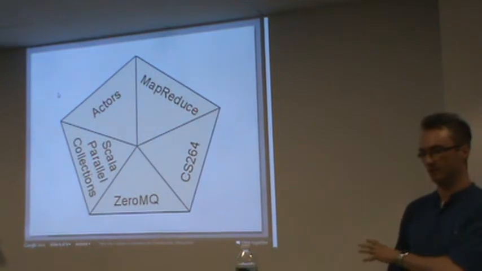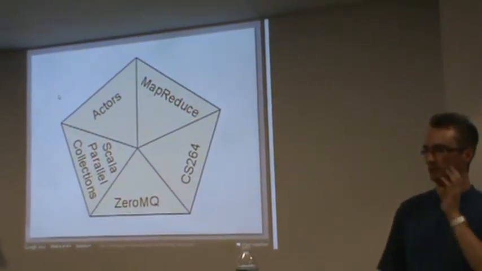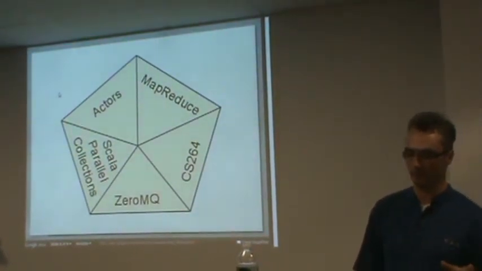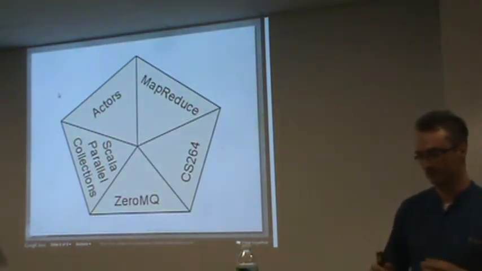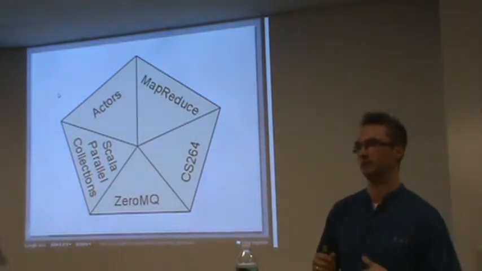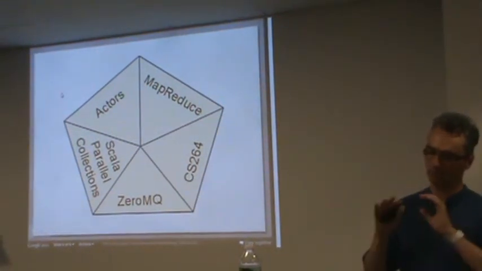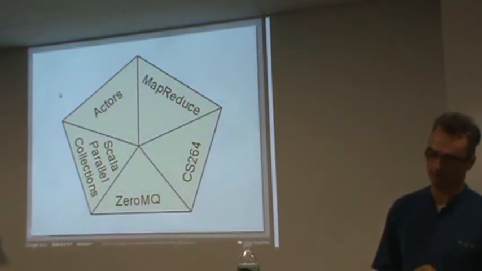Everything else is transparent to you. You can use the same API you use for sequential collections, so you're isolated from the fact that it's a parallel collection, although you are aware of it.